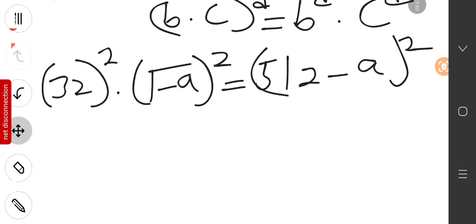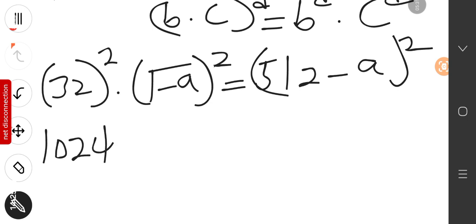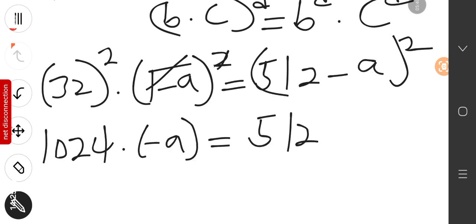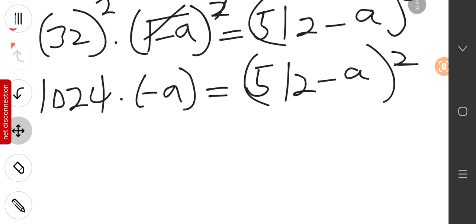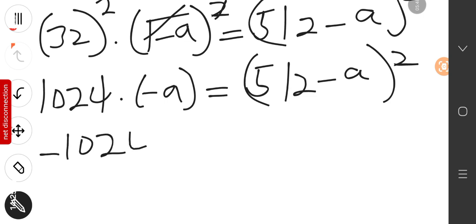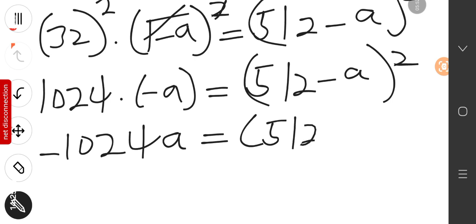Now we know that 32 squared is 1024. Now this 2 cancels this square root, so you have minus a equals 512 minus a all squared. Now this will give us minus 1024a equals 512 minus a all squared.